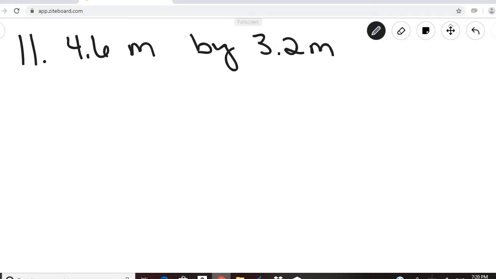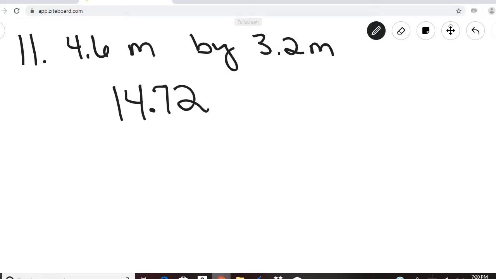And he multiplies the 2 measurements together, and he reports the area of the room, so area is length times width, as being 14.72. And then the question says, what 2 things are wrong with his answer?